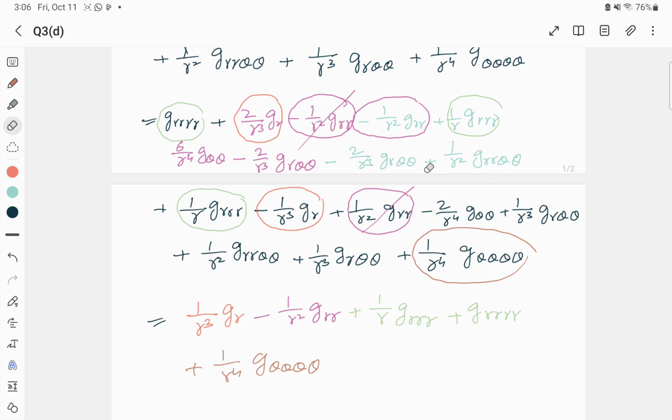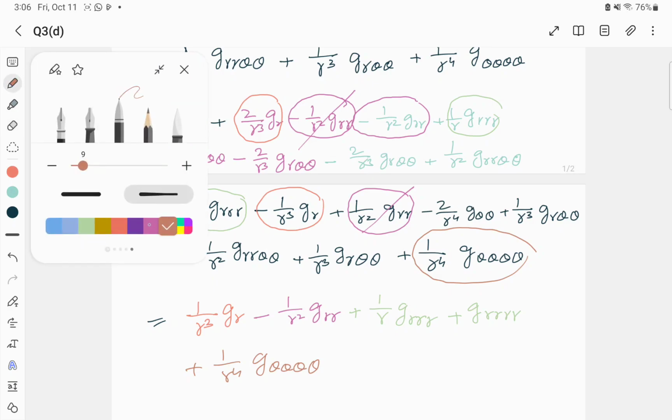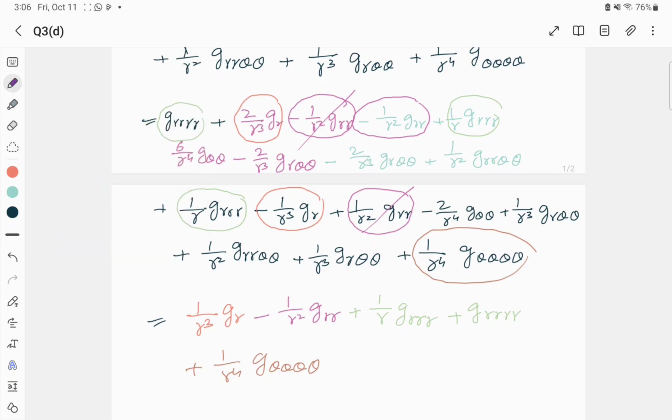It is over here, this one, and any other with double thetas, this is over here. If we combine these two terms, this term 6 over r to power 4 g double theta, and here negative 2 over r to power 4 g double theta, it will become 4 over r to power 4 g double theta. After that we look if there is any term of single theta, but there is no such term with single theta.